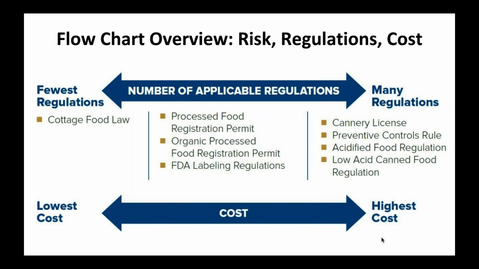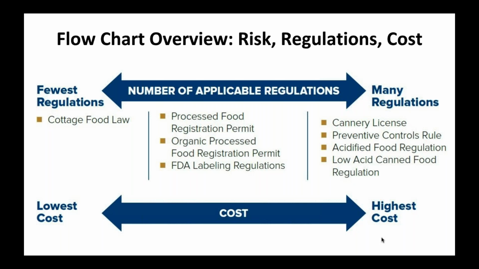On that list is preventive controls rules. So that's the Food Safety Modernization Act. That might apply if you're producing a vinegar pickle. You'd have to be compliant with the acidified food regulation. And if you're canning a vegetable where you're not adding any vinegar or acid, you'd have to be compliant with the low acid canned food regulation.